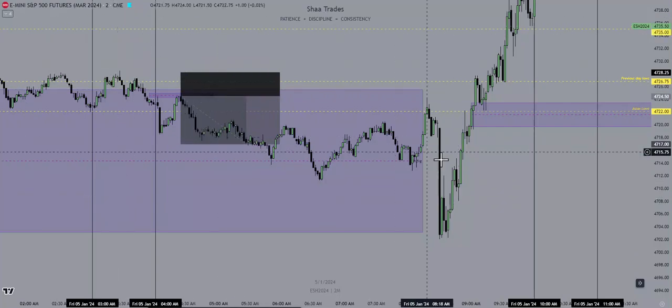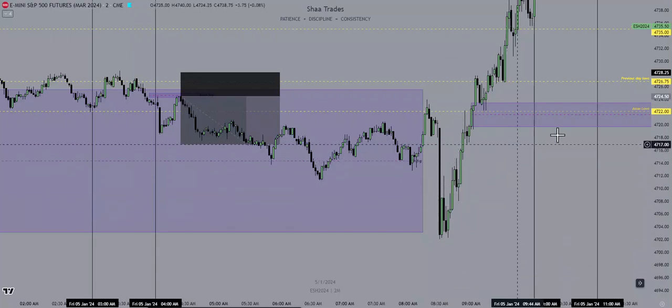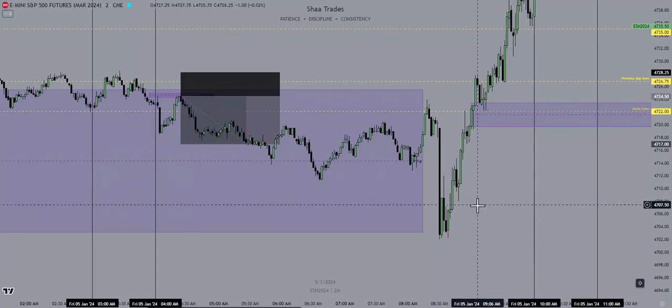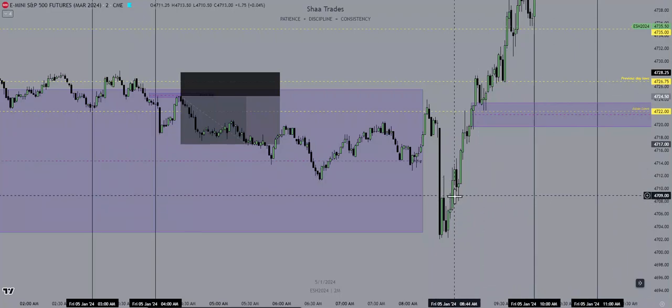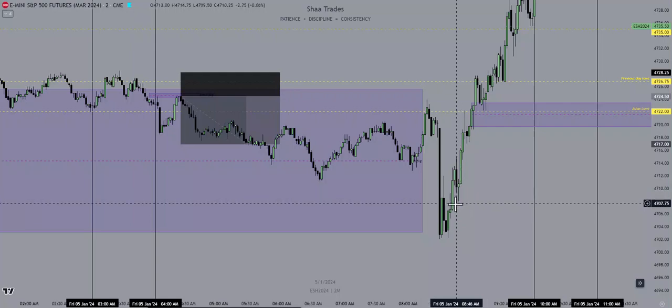I'm on the 2-minute chart. So if you look at that 8:30 time, he did take a trade. So you can take a trade there, but it all comes down to what is your model. If it's not your model, you can't just go and trade it, right? It wouldn't make sense. You have to know why you get into that trade.